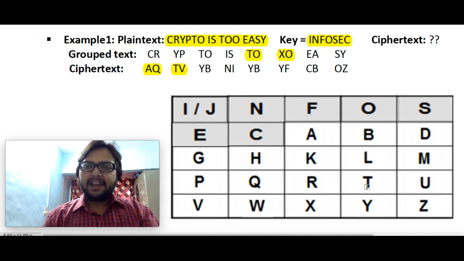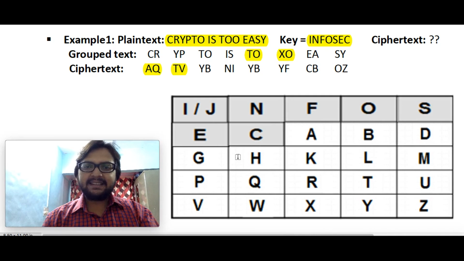So in T, what is immediately after that alphabet in our column? We have Y. So we are going to replace T with Y. And O, after O immediately comes B. So we are going to replace O with B. So as you can see, TO we have replaced with YB.